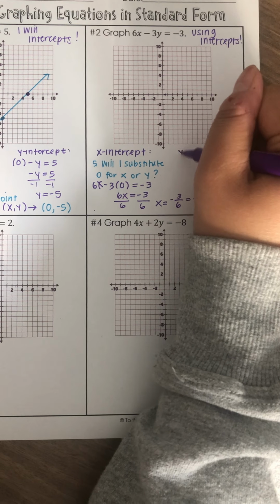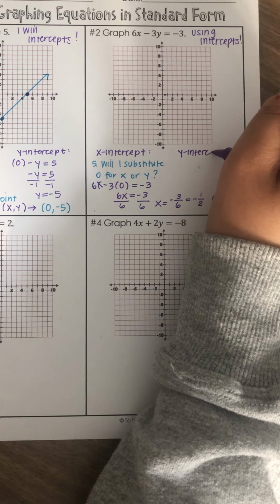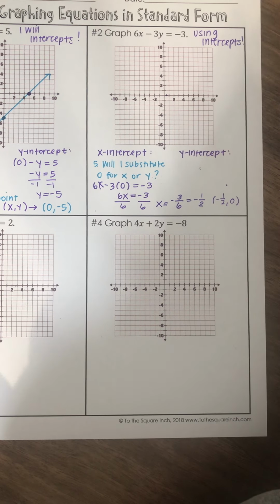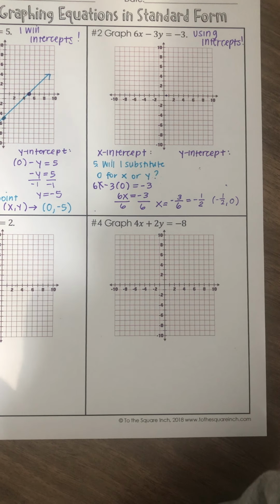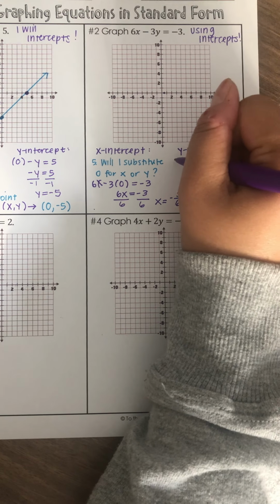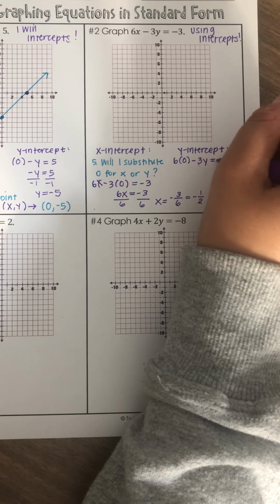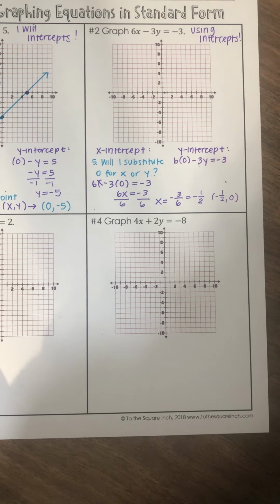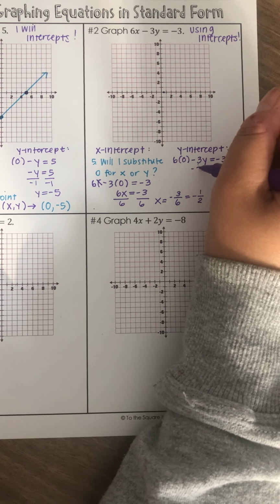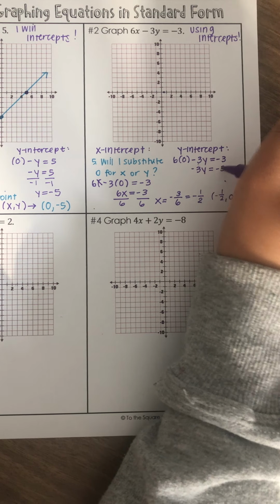Now the y-intercept will be the exact same thing, except now I am substituting 0 for x. So 6 times 0 minus 3y equals negative 3, leaving me with negative 3y equals negative 3.